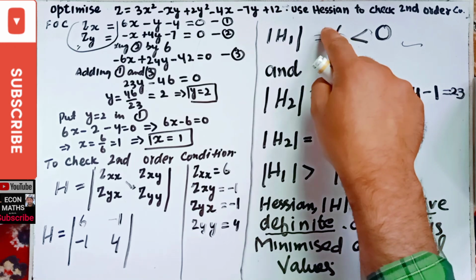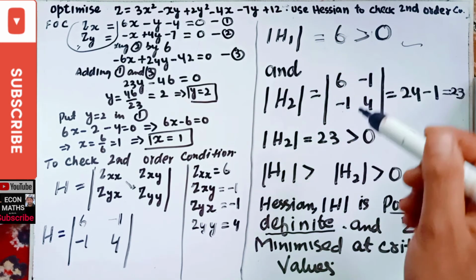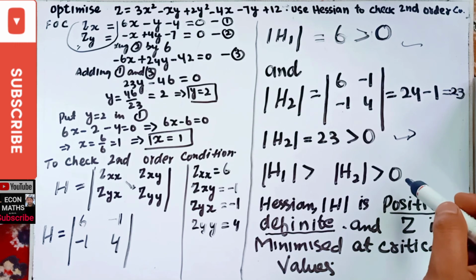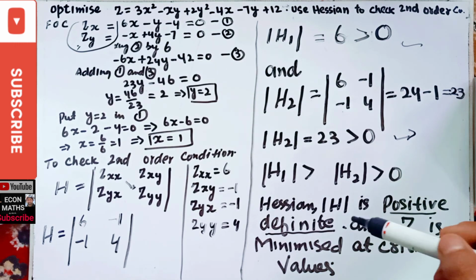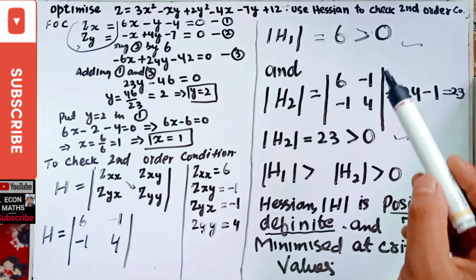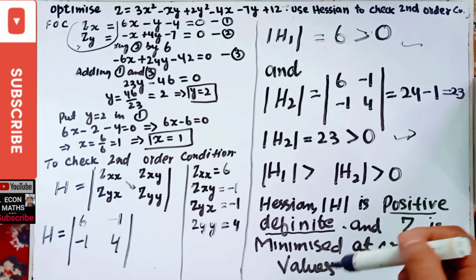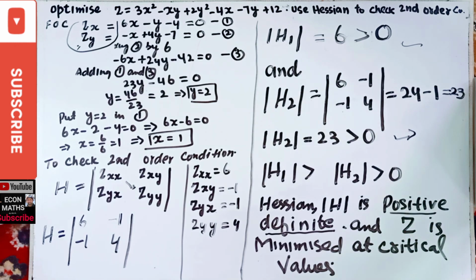So when H1 is greater than 0 and H2 is also greater than 0, Z is minimized. When H1 is less than 0 and H2 is greater than 0, at that time we say Z is maximized at critical points. So I have already covered the concept of Hessian and checking the second order condition in an earlier video. You can check that out also.